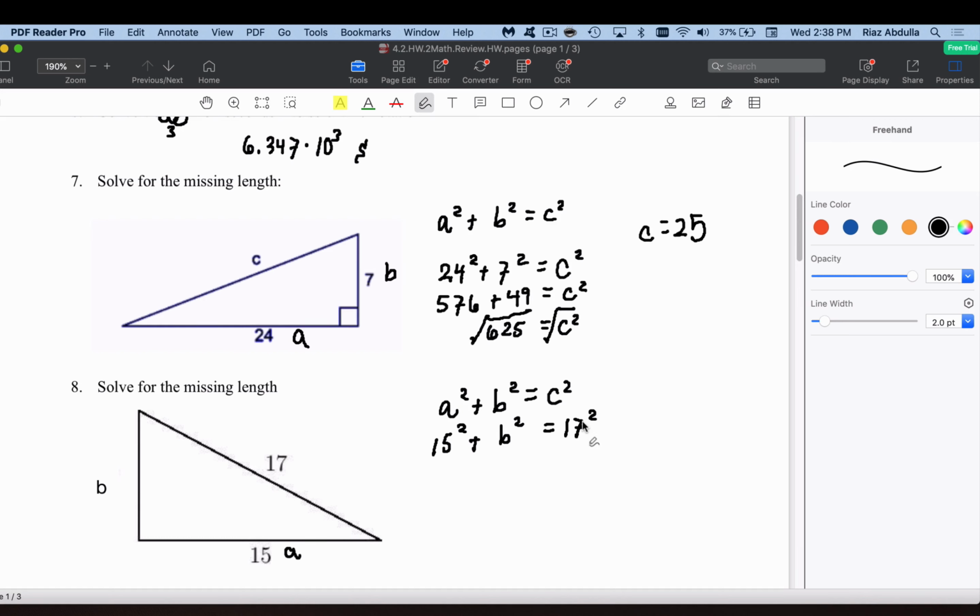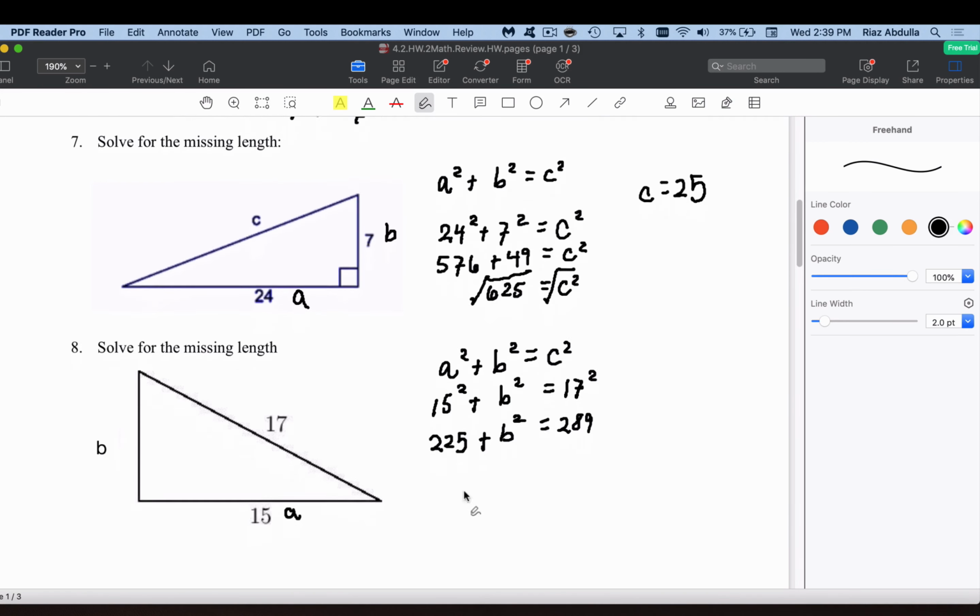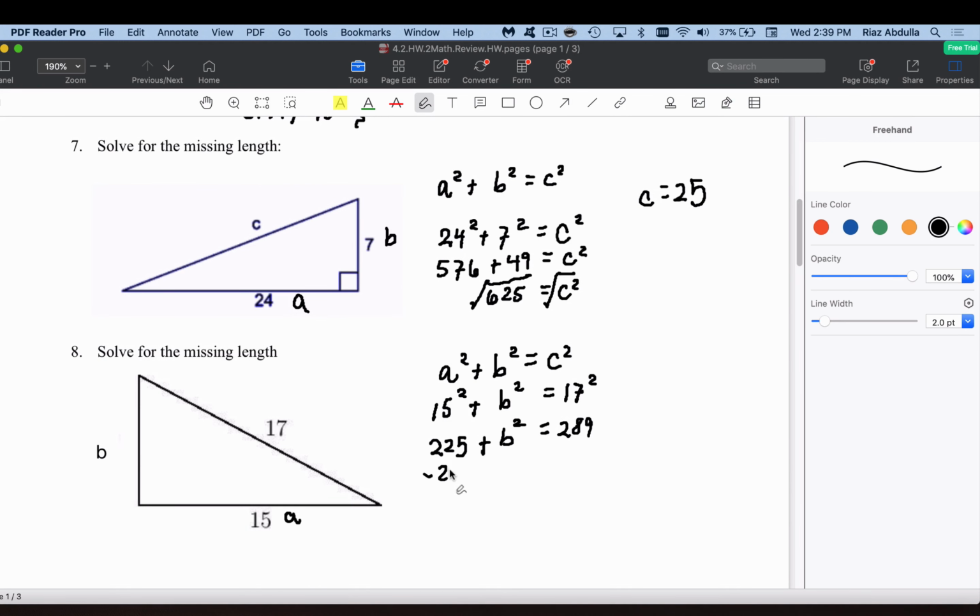So 15 squared, I now square it in my calculator and I get 225 plus b squared, which is unknown. And now I'm going to take 17 and square it. And that's going to give me 289. Next, I'm going to subtract 225 from both sides.